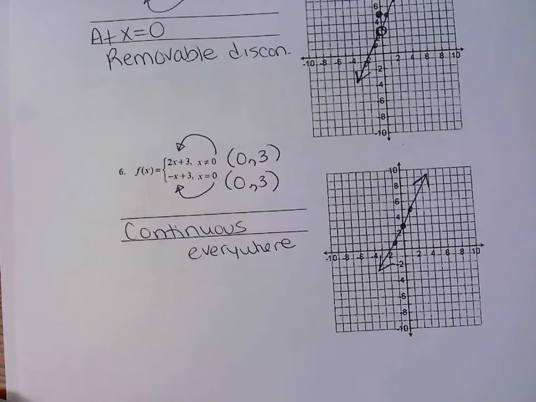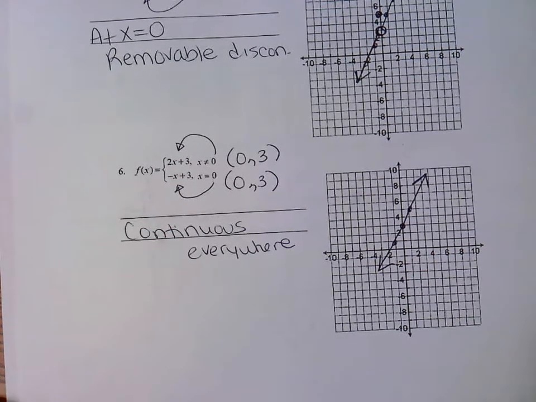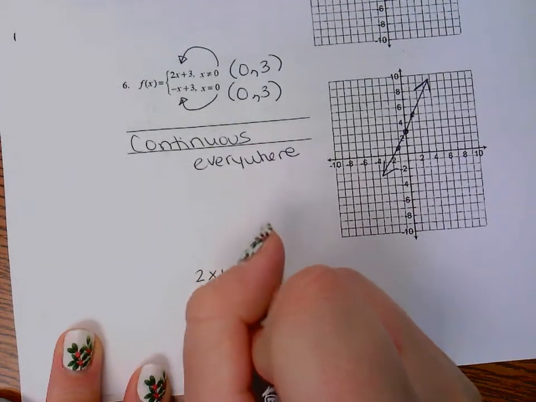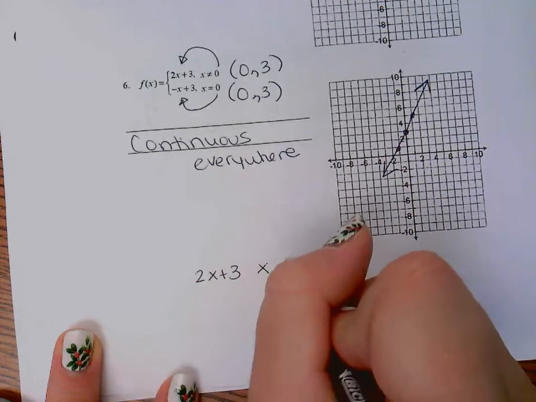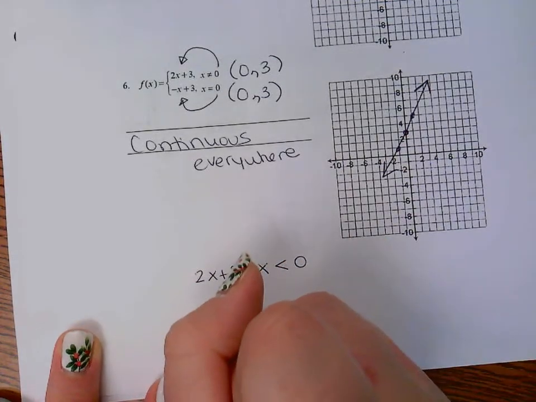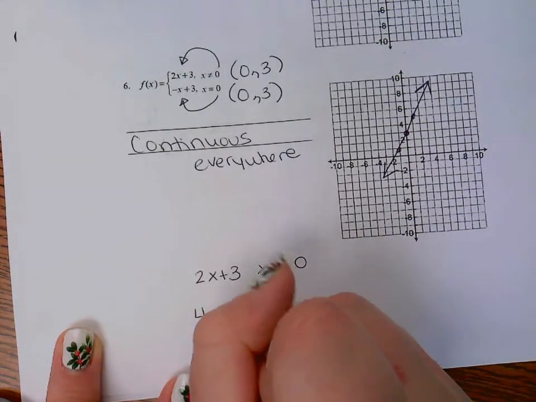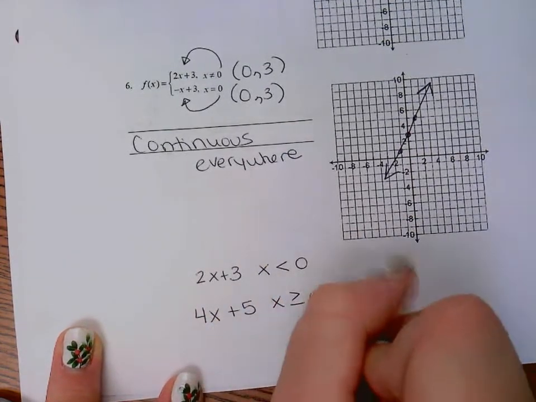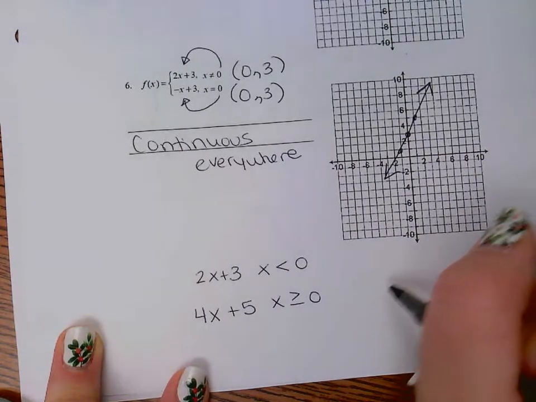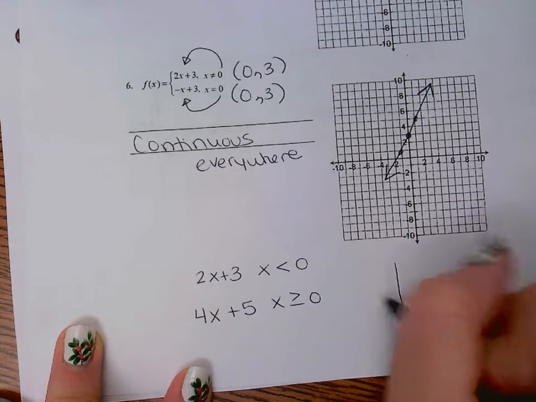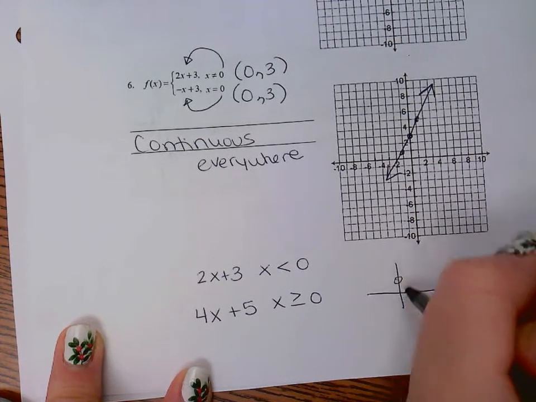So the type of piecewise function that I left out, I guess, on this set of notes that maybe I should do next year, if you had something like 2x plus 3 when x is less than 0, and you had something like 4x plus 5 when x is greater than or equal to 0, you'd have a separation in your graph because here's this one going this way.